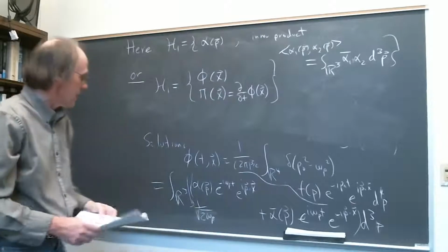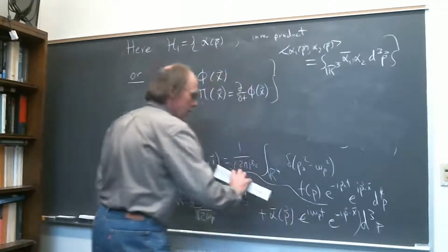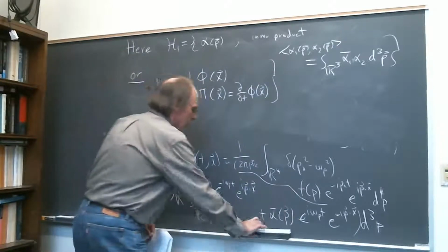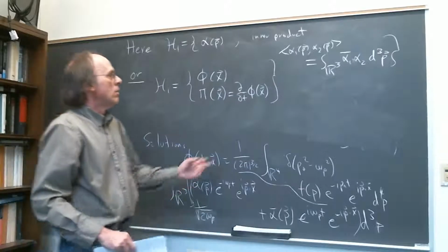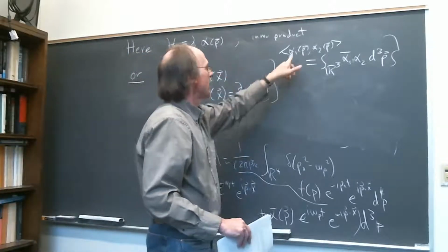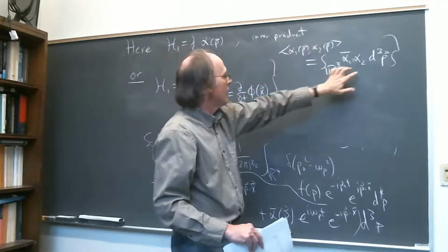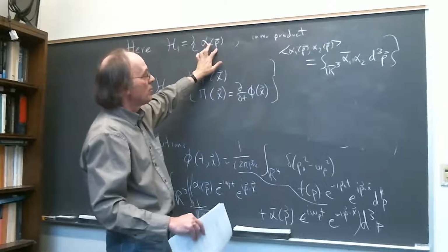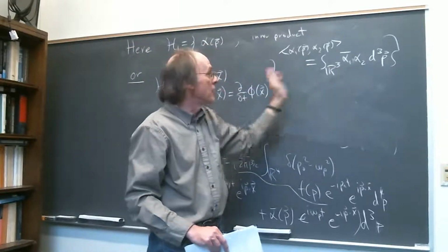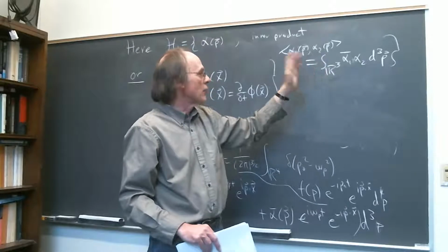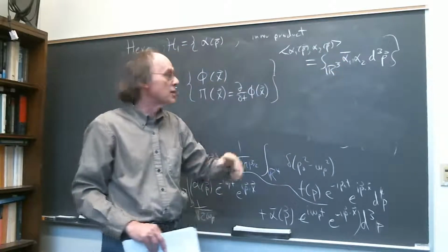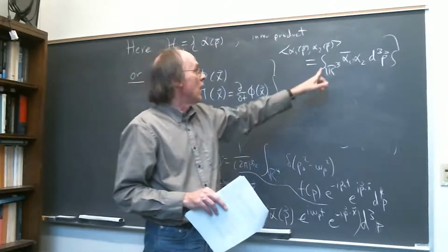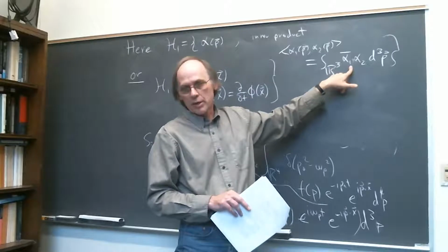Okay, now let's do the quantization. Quantization basically starts with this thing, and the idea is that if you've made your H1 into a complex vector space with this kind of inner product, then you can do canonical quantization with annihilation and creation operators with the standard commutators, which corresponds to using the standard inner product here.